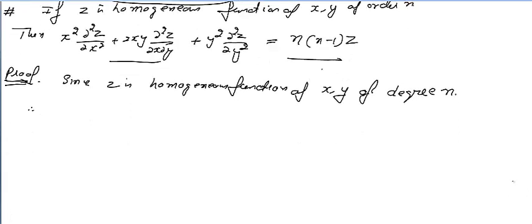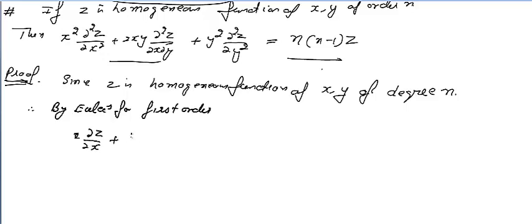So, by Euler's theorem for first order, x ∂z/∂x + y ∂z/∂y = nz. I will take this as equation number 1.